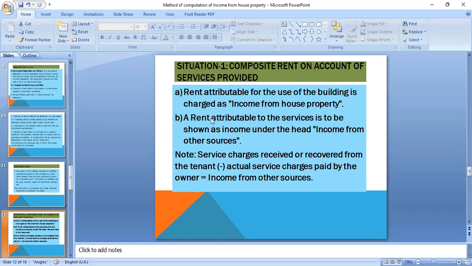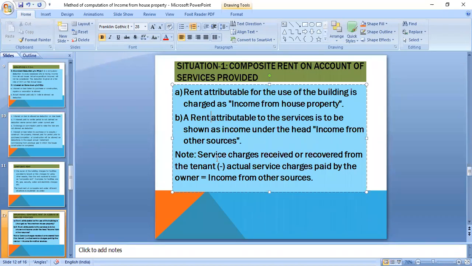If by providing certain facilities and services you are charging anything extra, that can be shown as income from other sources, but not under income from house property. Service charge received from the tenant should be deducted to arrive at income from house property, and the remaining will be shown as income from other sources.